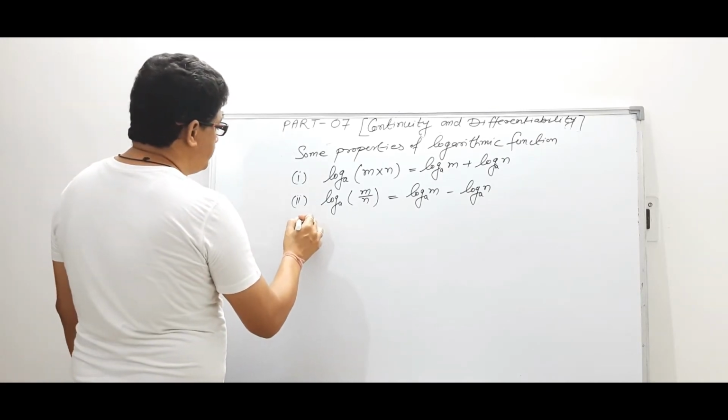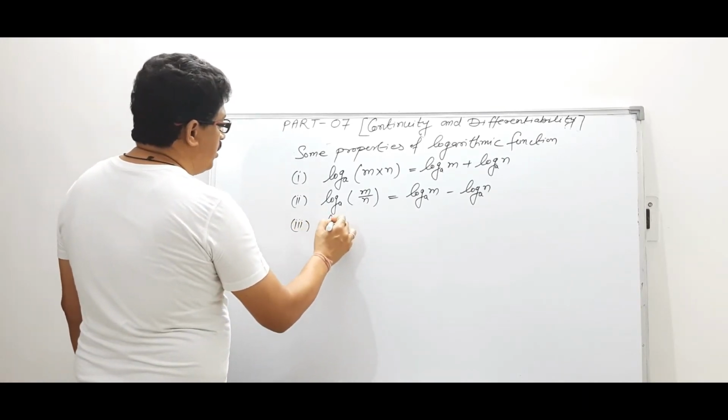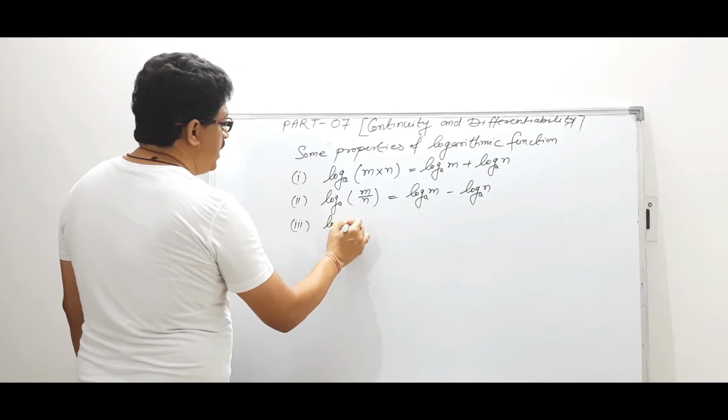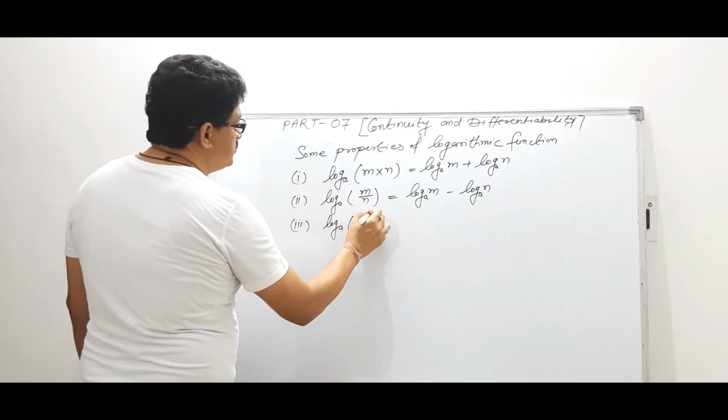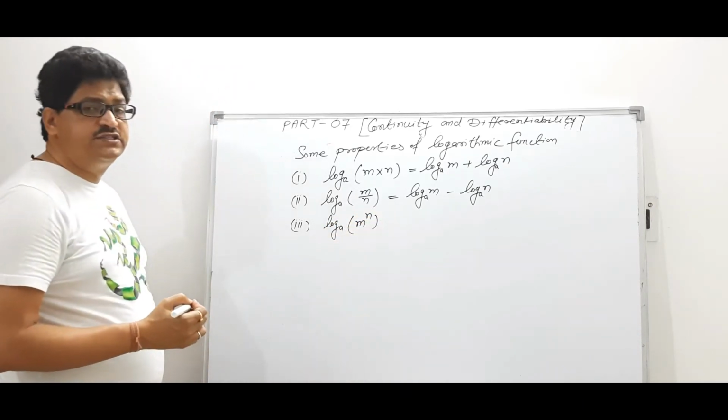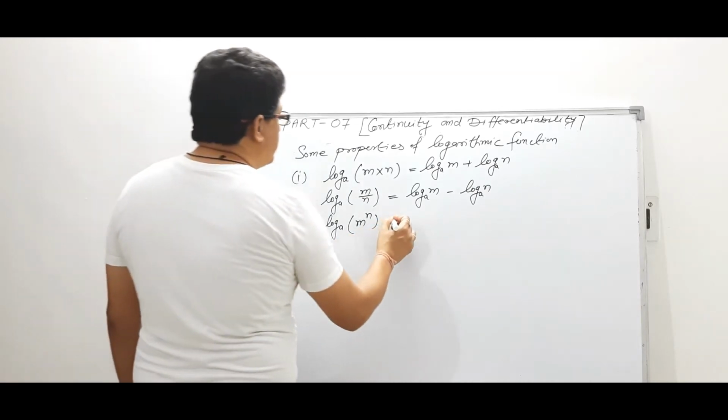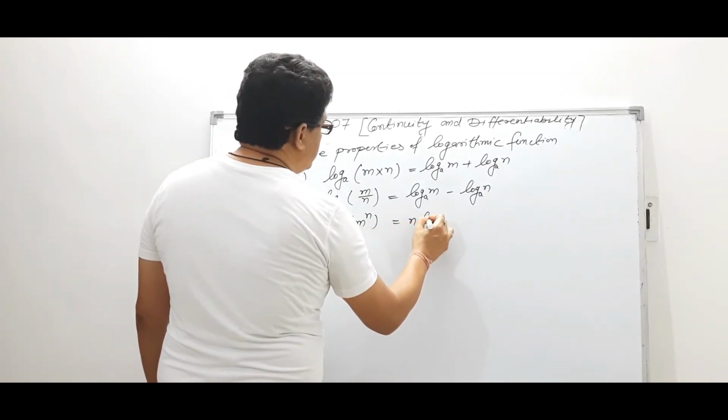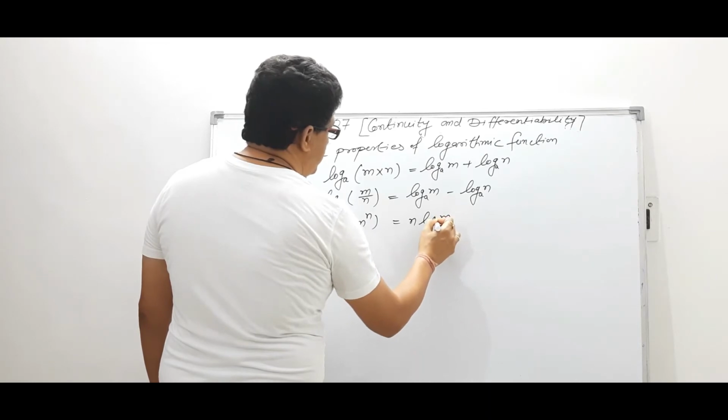Third, log a of m raised to n. If power is there, the power will come first, n log m to the base a.